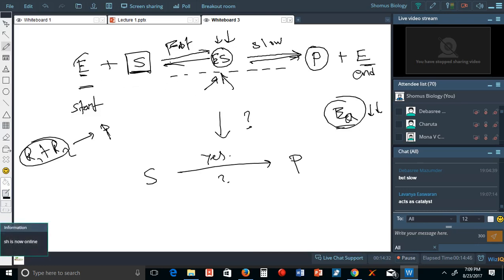Right? Enzyme substrate complex formation and clearance of the substrate into the product. If both of these processes continue at an equal rate, what we call it is a steady state of the enzyme reaction.